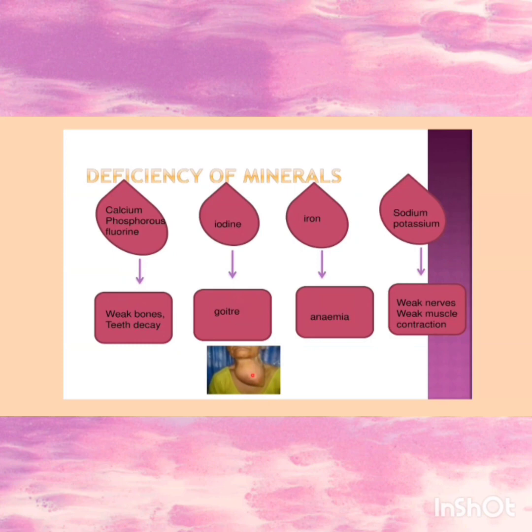You can see this picture, enlargement of thyroid gland. Deficiency of iron causes anemia. Again, paleness of nails and face, low hemoglobin, fatigue and loss of weight. Deficiency of sodium and potassium: weak nerves, weak muscles, contraction.